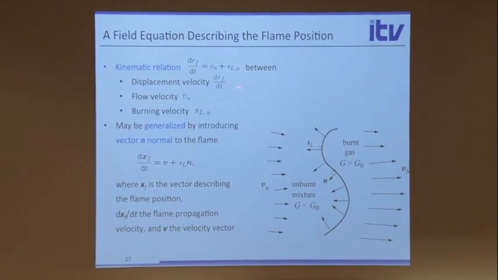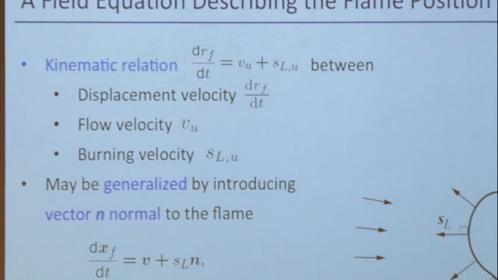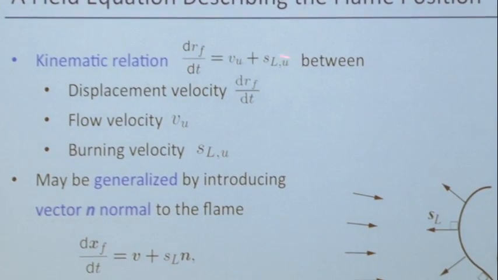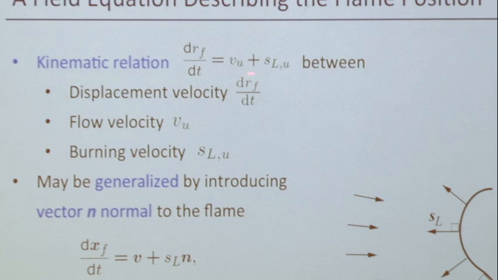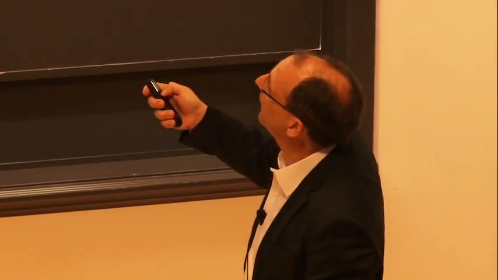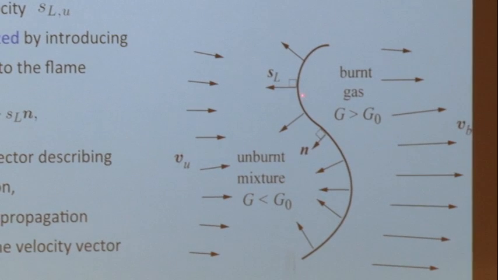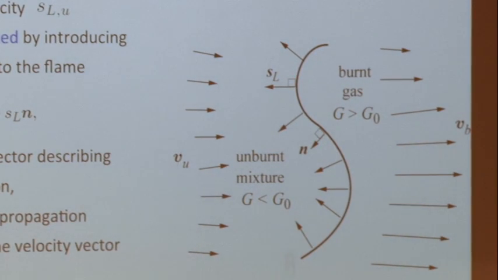We start out again with a kinematic relation here. We introduced this earlier. Now the kinematic relation, this here we said in 1D. We can also write this in 3D. So 3D is the same thing. You look at one point of the flame. Let's look at one point here of the flame. And at one point of the flame, in time, it moves maybe from here to here. How did it get from here to here? By two effects.